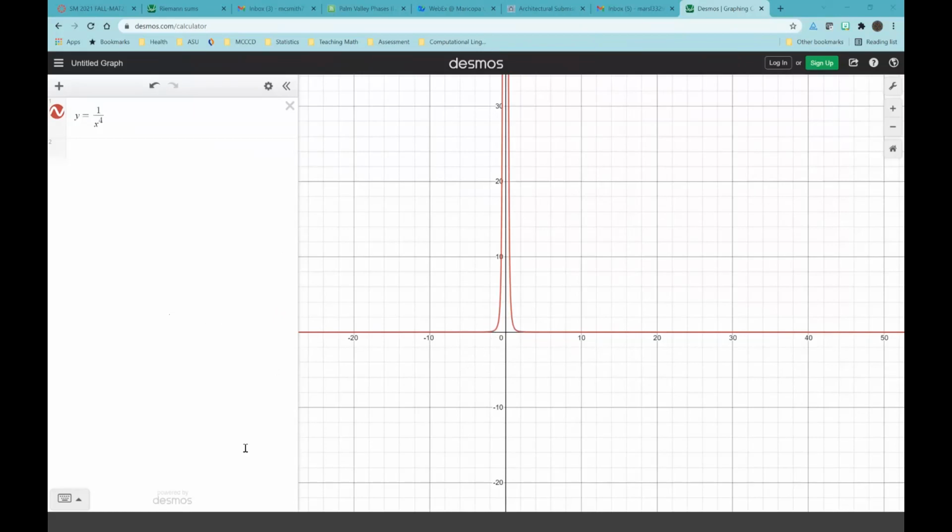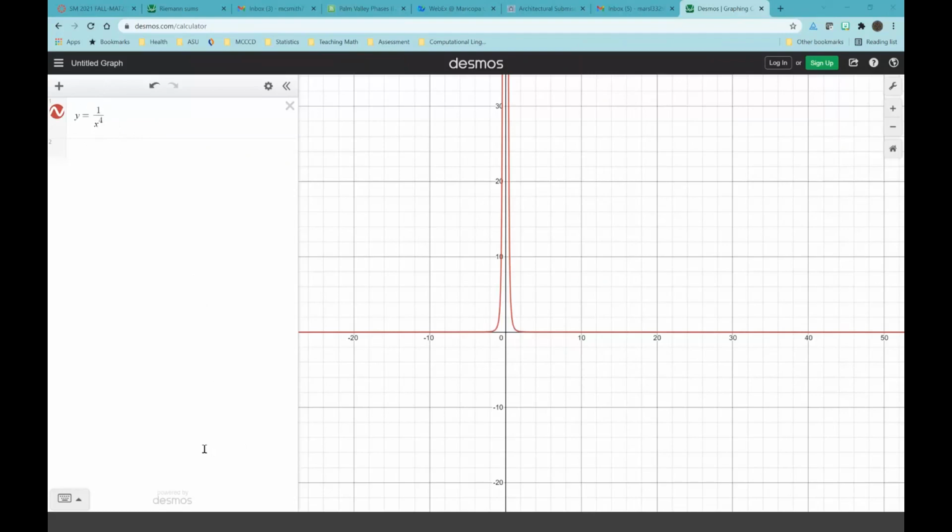Okay, look at the function rule, y equals 1 over x to the 4th. What happens when x is 0? Now, I'm just asking you, don't look at the graph, look at this function rule and plug in 0 for x. What do you get?